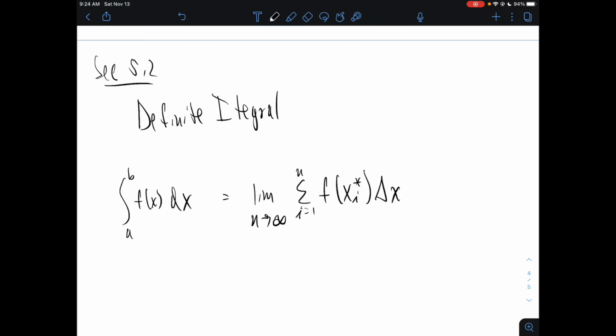Over here on the left, the way that you would say it is, the integral from A to B. That's telling you the interval that it's going over of the function f of x. So that's the definite integral. And it's just a symbolic way to represent we are finding area.